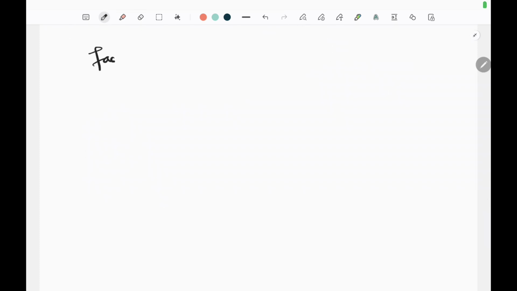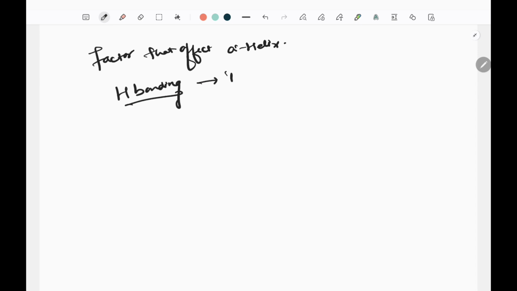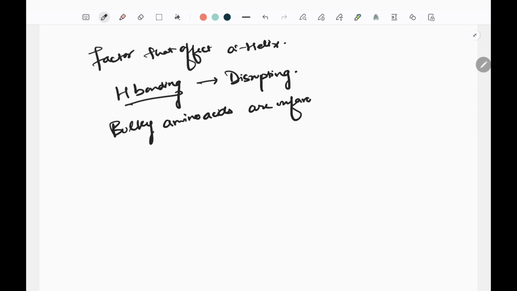Now, what are the factors that affect this alpha helix? Although the alpha helix is stabilized by hydrogen bonding, disrupting hydrogen bonding can affect the overall alpha helix structure, right? Also, bulky amino acids are unfavorable, and they create steric hindrance.